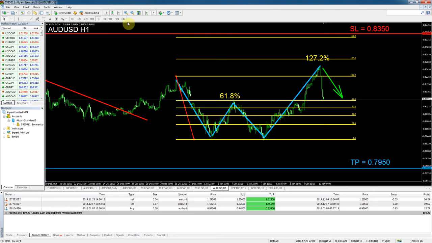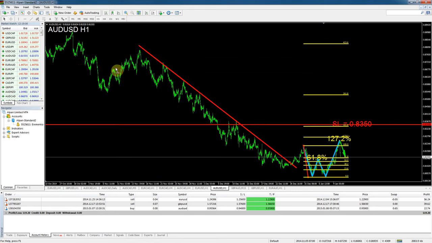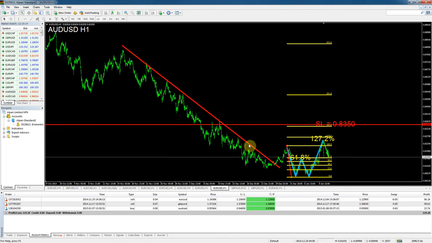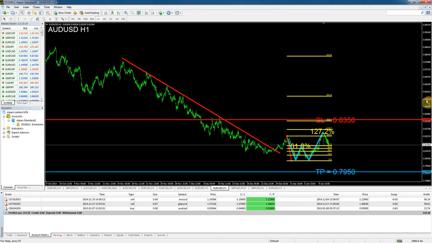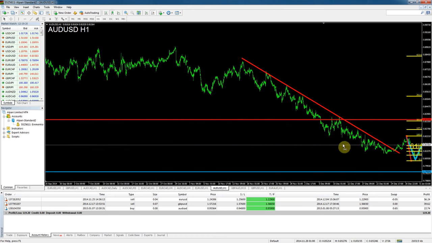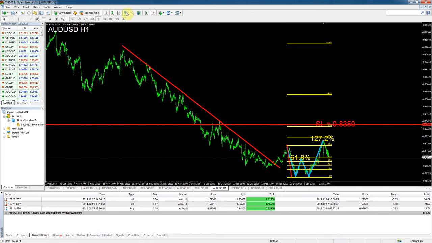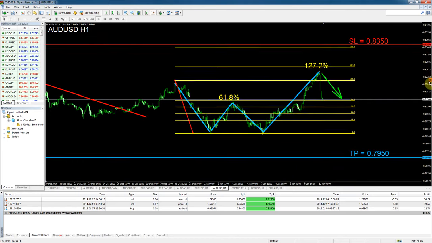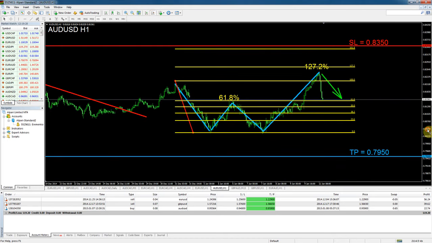Finally, if we zoom out a little bit, you will see that we were in a downward trend, and so there is more evidence or support for us to say that the trend will continue in that direction, which is good. It's always good to trade in line with the overall trend. So right now we're all ready to set our order.